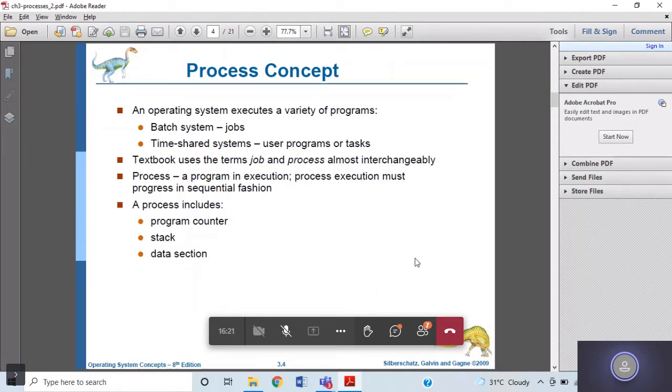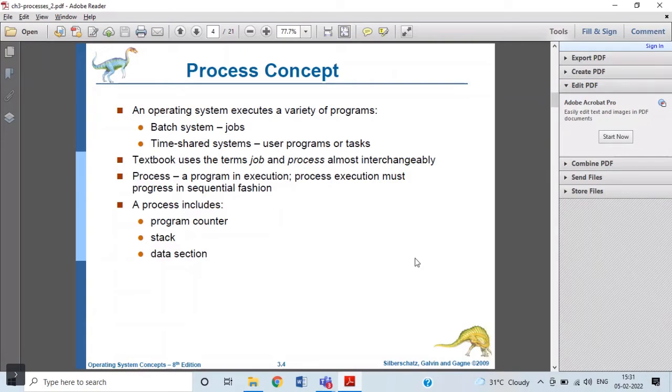When we write code in Java or Basic or any language, the first line will be executed, then the second line, then the third line. That is called the sequential fashion.